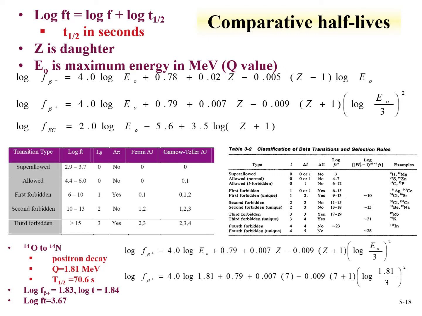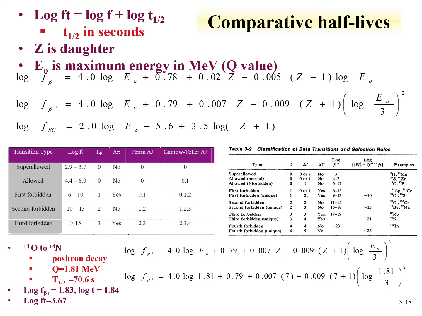By doing this, we can get the range of log Ft values that basically break decays into allowed transitions, first forbidden, second forbidden, third forbidden. I put 2 tables here that you'll find in the different textbooks that describe the ranges for the forbidden transitions, or the allowed and the forbidden transitions.